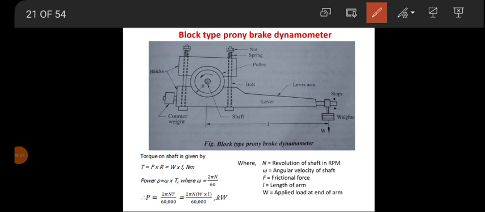When the shaft is rotating, the pulley also rotates. One pulley is attached to the shaft.